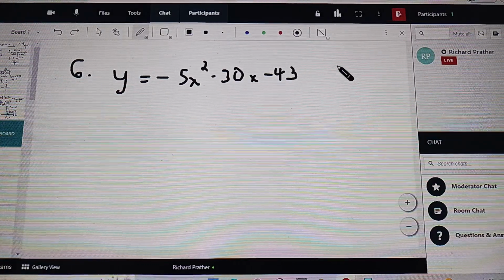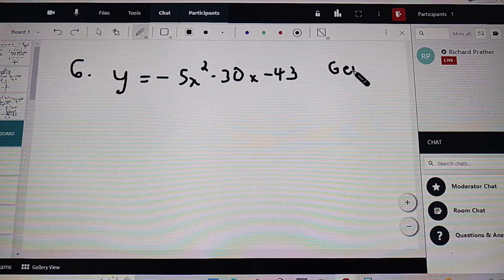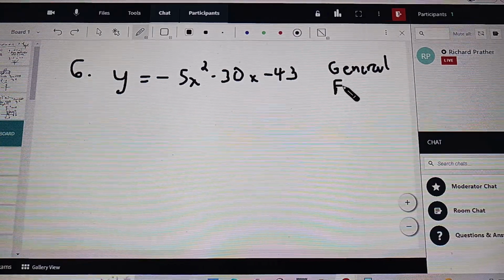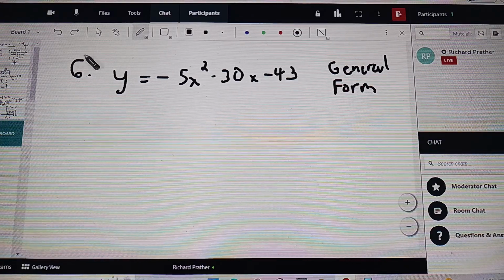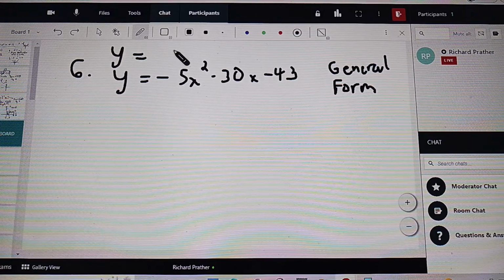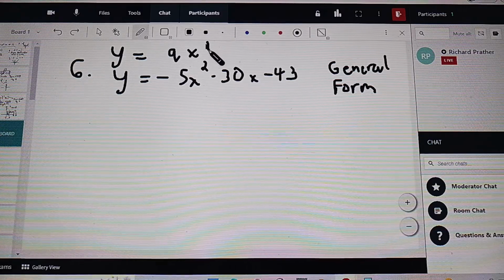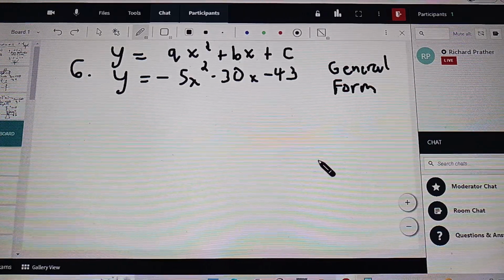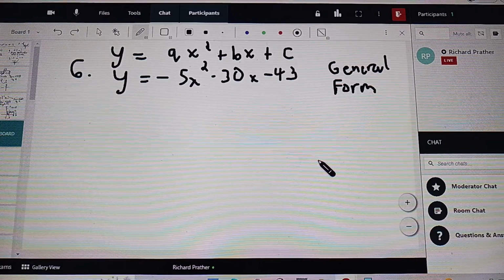So this is just the general form of a parabola. The general form is y equals ax squared plus bx plus c. And usually problems start that way.